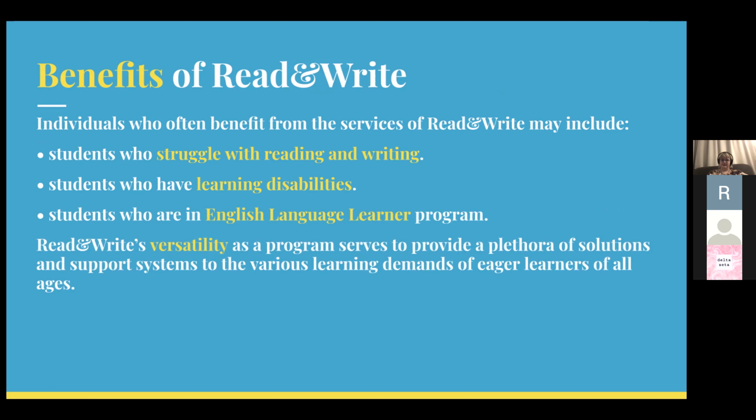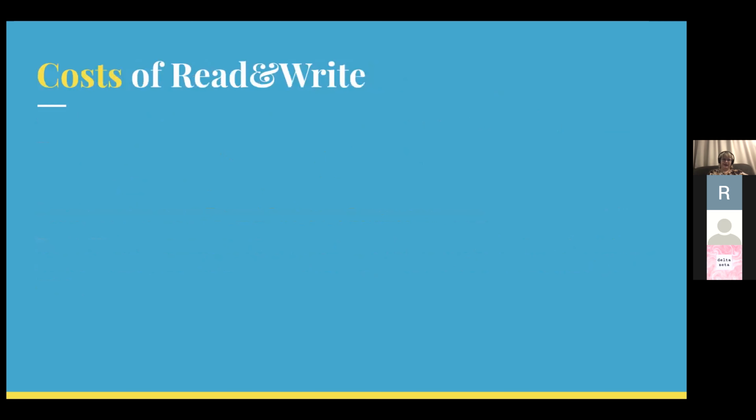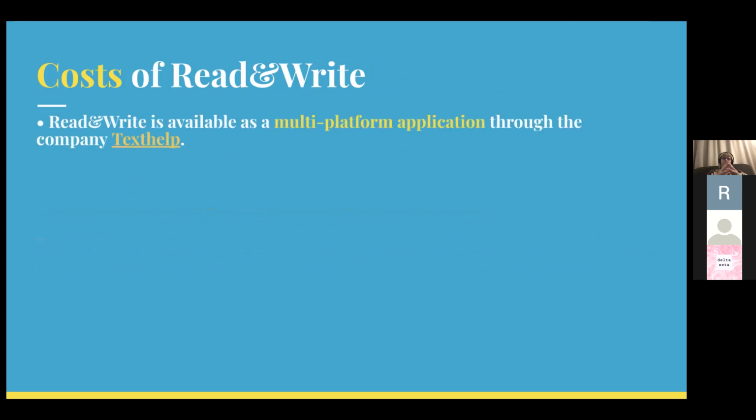I sometimes use some of these features as well. So the costs of Read and Write, this is kind of an interesting aspect. Read and Write is available as a multi-platform application through a company called TextHelp, who also makes several other educational software platforms that are akin to Read and Write, stuff for math and various other aspects of academics.